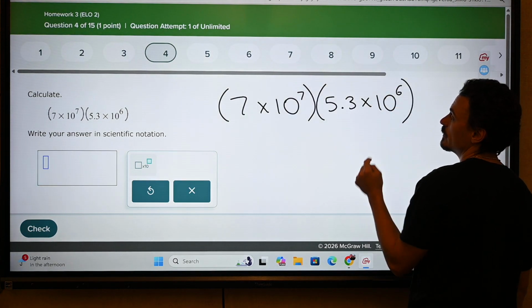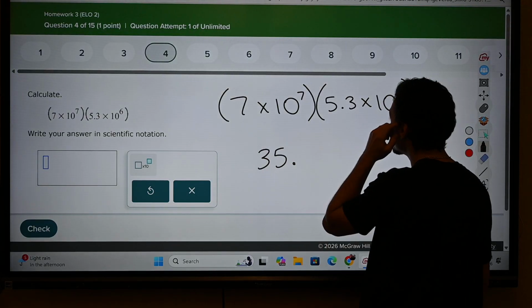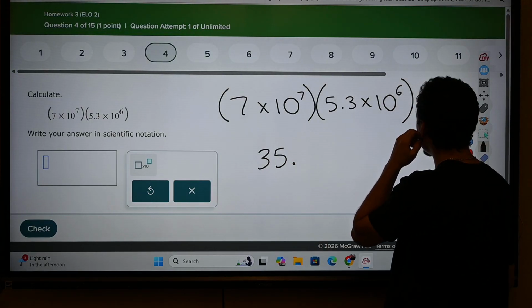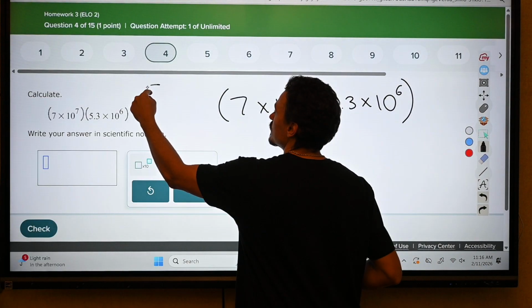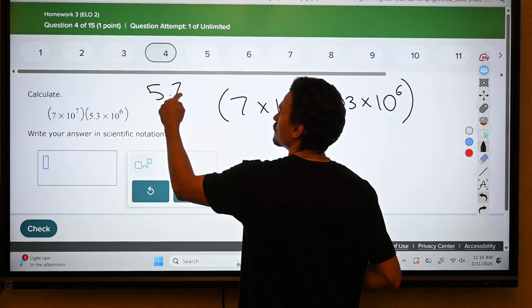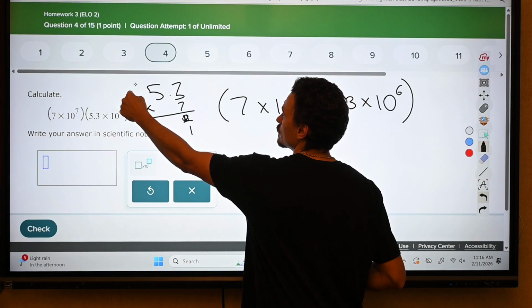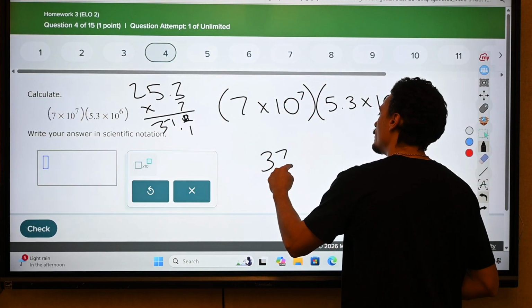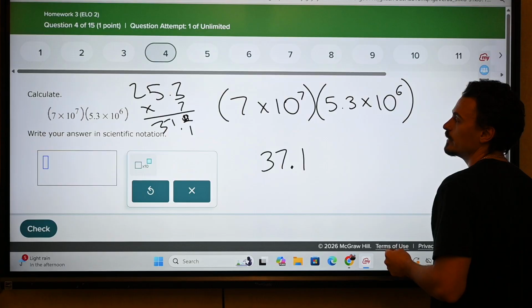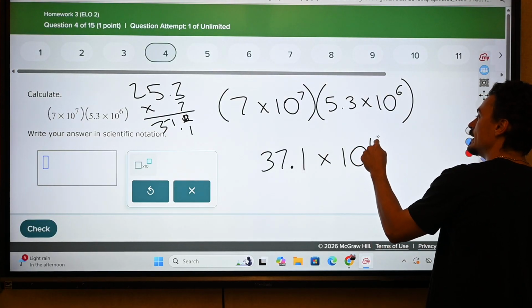Here you're getting 5.3 times 7, which is 37.1 times 10 to the 13.